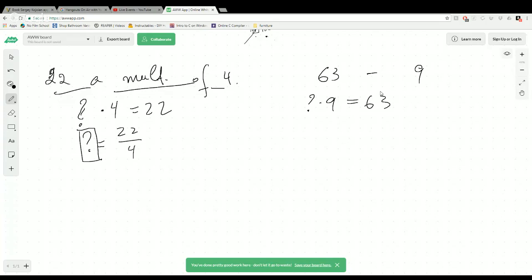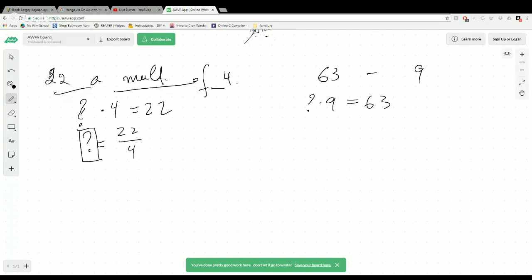Now you might say, all right, well, if you just think of the basic multiplication table, you know that 5 times 9 is 45. Adding one more 9 to that will give you 54. And adding one more 9 to that will give you 63. So yes, the answer is yes.